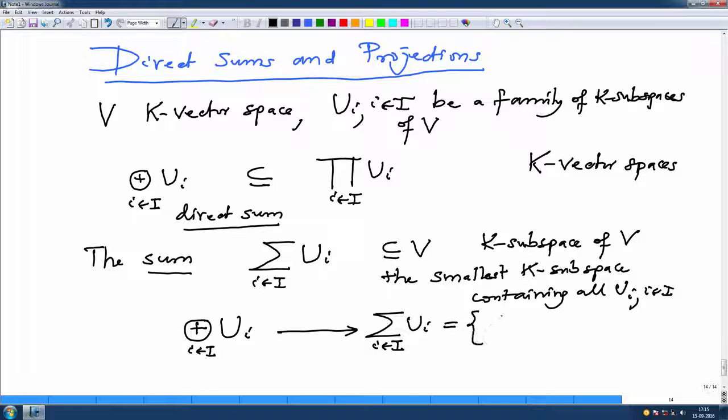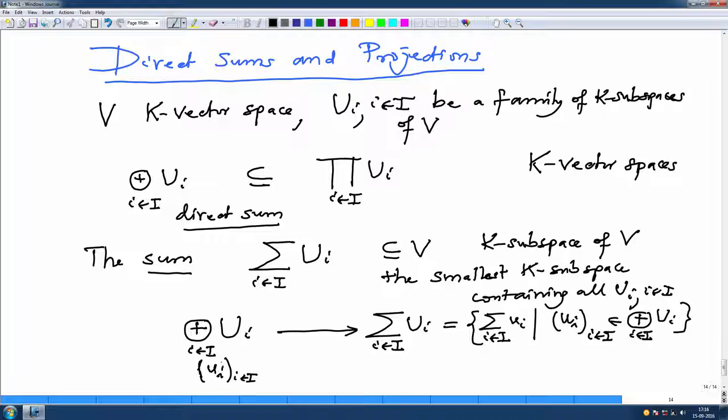We have seen this earlier, these are sums like the summation of u_i, i in I, where only finitely many components are non-zero, which can be written simply as the tuple (u_i) belonging to the direct sum. So, it is obvious that the tuple (u_i) in this direct sum, as only finitely many components are non-zero, is mapped to their sum.